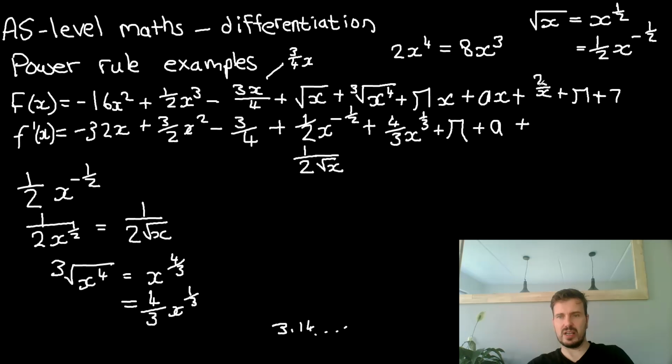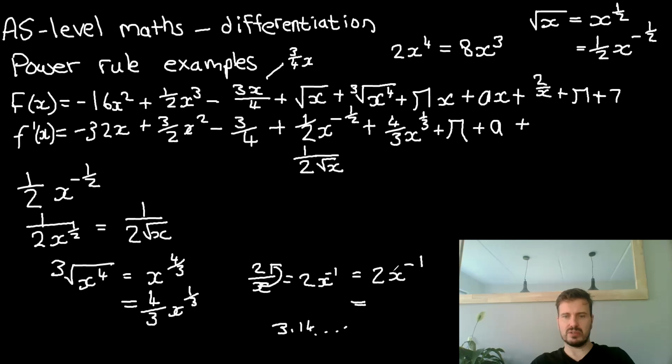Now this one, 2 over x. Remember from our exponents that when something jumps up and down, it changes sign. So this x goes to the top and becomes x to the minus 1. What we're essentially doing is finding the derivative of 2x to the minus 1. Minus 1 times 2 is minus 2x, and minus 1 minus 1 is minus 2.